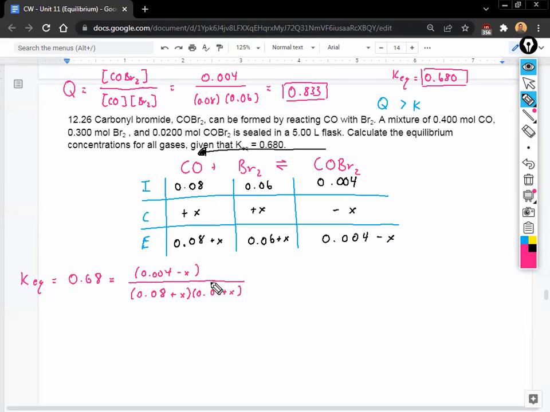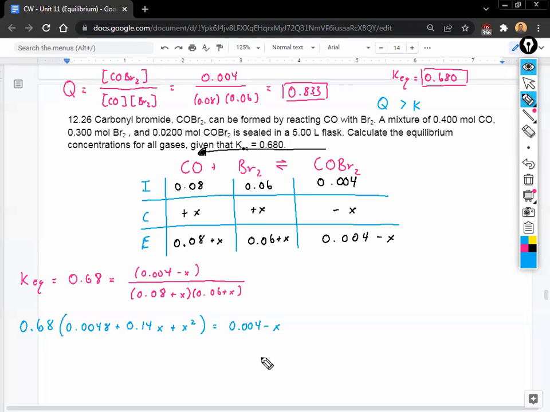Okay, so I'm going to simplify it. Maybe I'm going to go a little bit quickly. If you have any questions on a step, let me know. But I'm going to simplify the denominator and multiply it with the left side. And so on the left side, we should get 0.68 times 0.0048 plus 0.14x plus x squared, and that's going to be equal to 0.004 minus x.